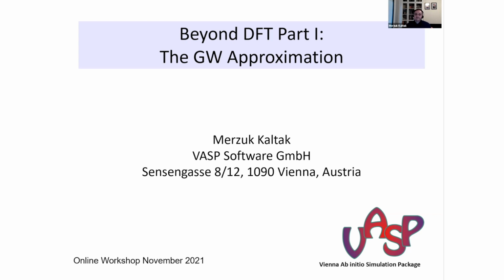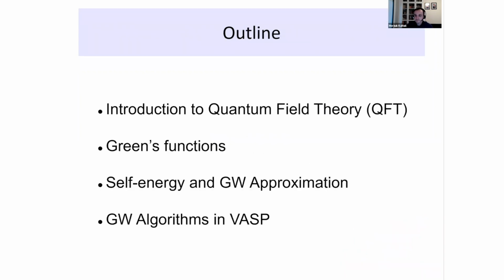Okay, so this lecture block is dedicated to the GW and the random phase approximation. And in part 1, I will cover the GW approximation. The following lecture is subdivided into the following parts. First, I give a short introduction to basic concepts of quantum field theory.